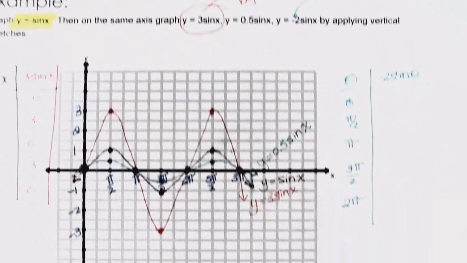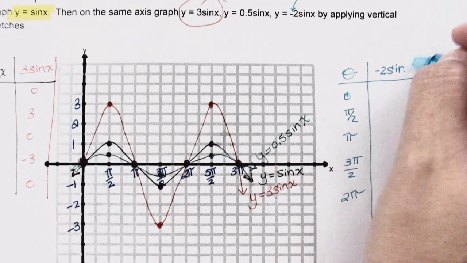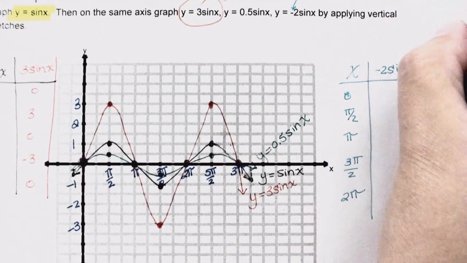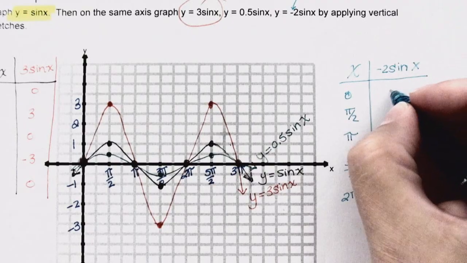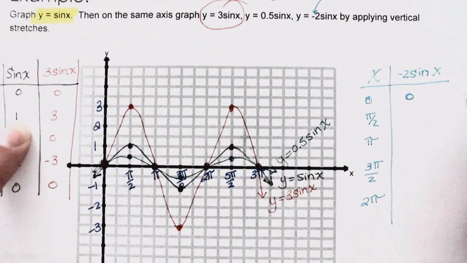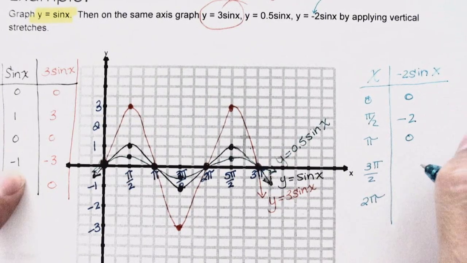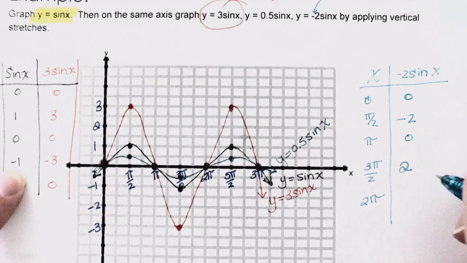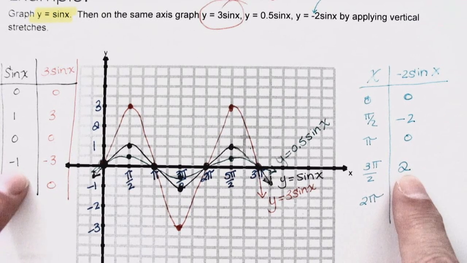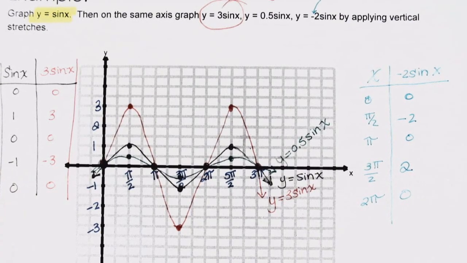Sine x. So this is still going to be 0. This one was 1. Now 1 times -2 is -2. This is still 0. This one's going to become a +2. So it was a negative, now it's positive. So this min turns into a max. And this will stay at 0.